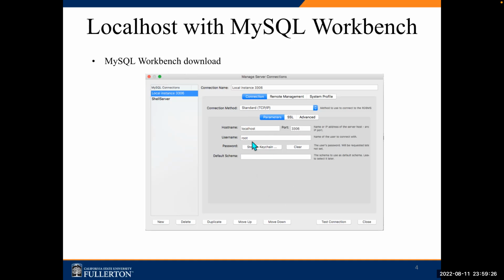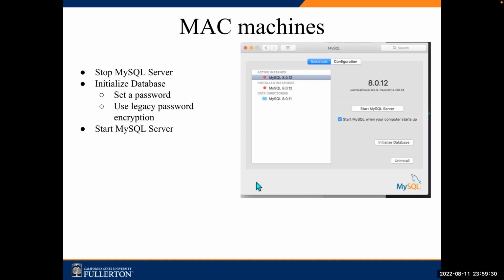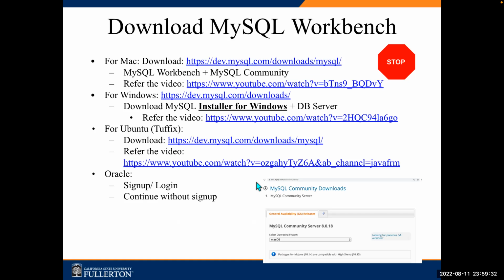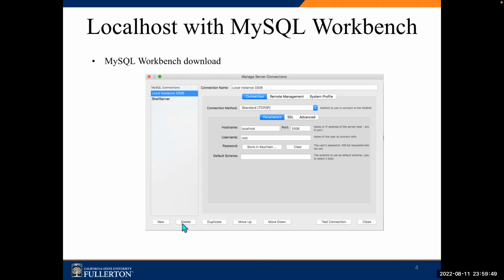And before I take you to the password that you have for the root password, in the previous slide where you were working on the MySQL Workbench download, when you were asked to download, for example, for Mac, MySQL Workbench along with MySQL Community, you would have gotten an option to set the password for your root user. So that same password goes in the keychain here.